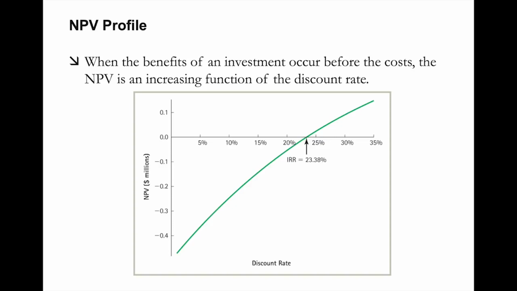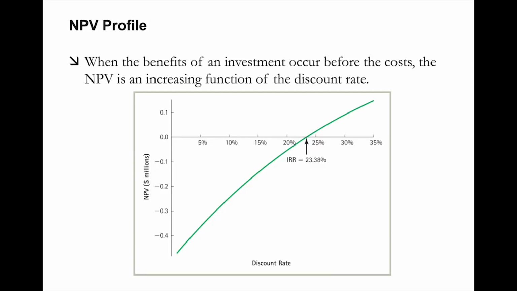So if we were to actually plot the NPV profile for this project, in much the same way as we saw the NPV profile in the previous slides, figure 8.1, this is what the NPV profile shows.